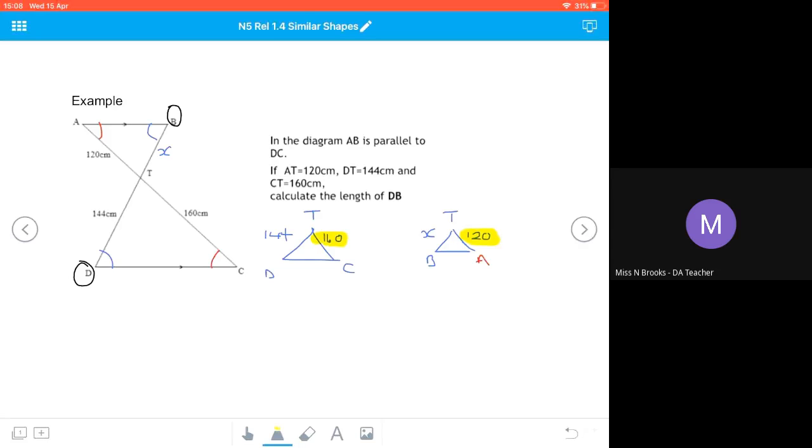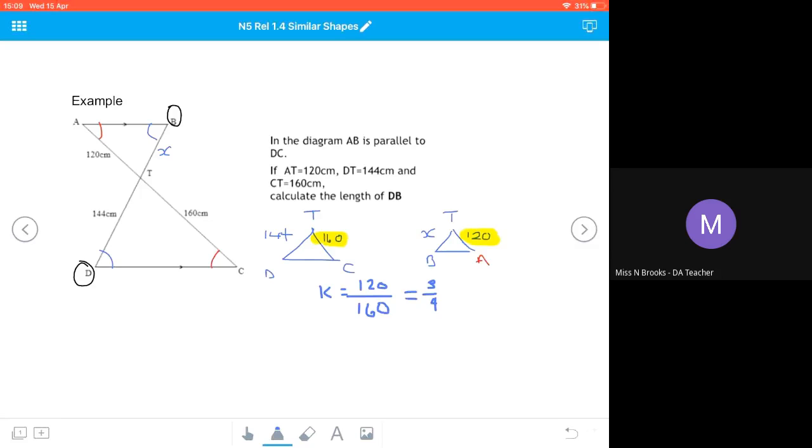Now, my missing value is on the small triangle, so therefore I'm going to say that K equals 120 over 160. And I can simplify that down to 3/4.